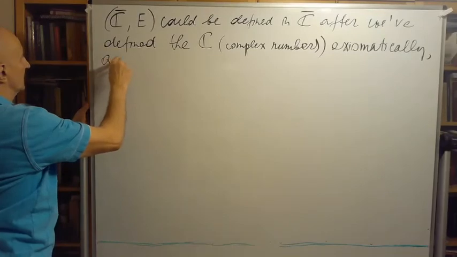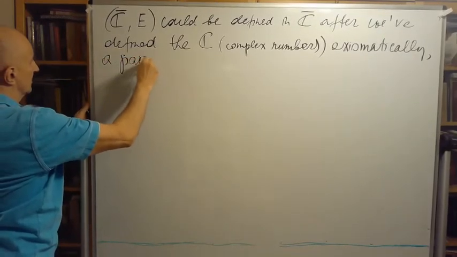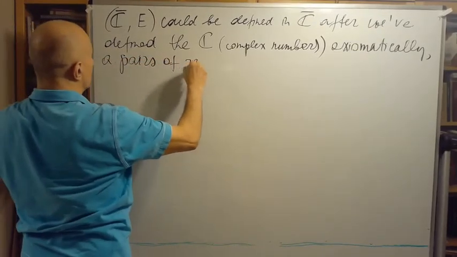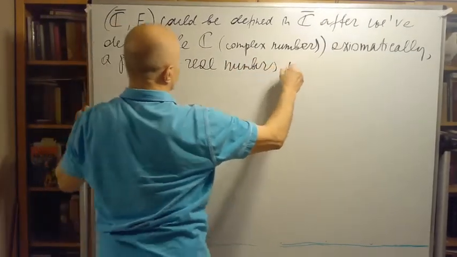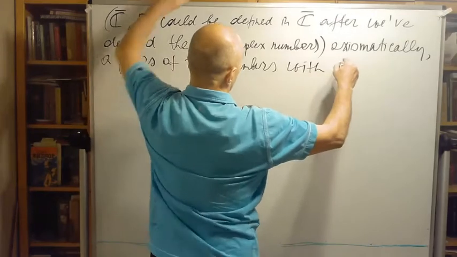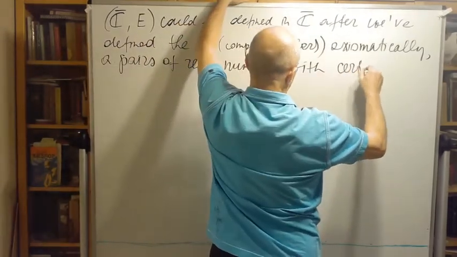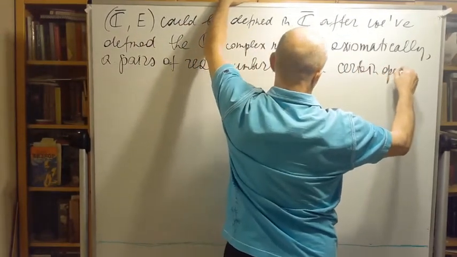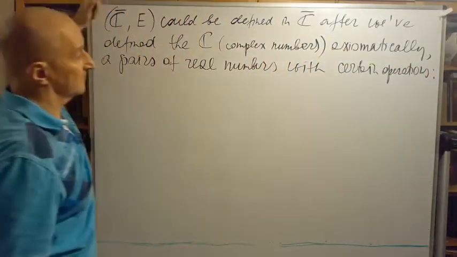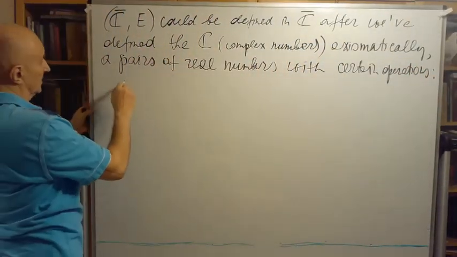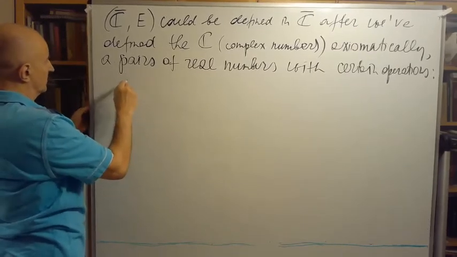Axiomatically as pairs of real numbers with certain operations. What would be this? We would say there are some pairs of real numbers.